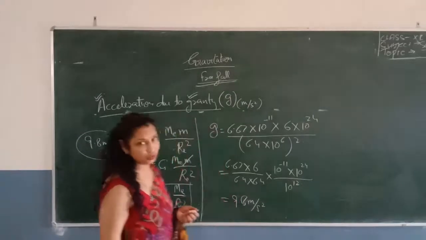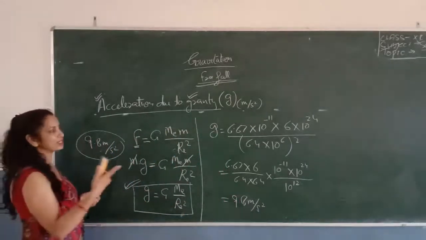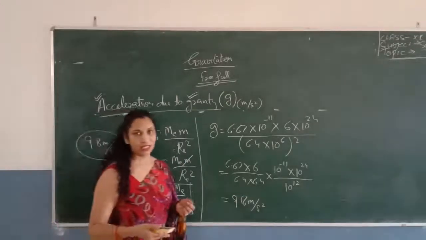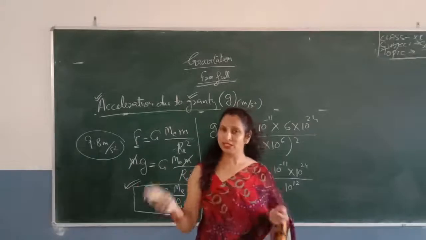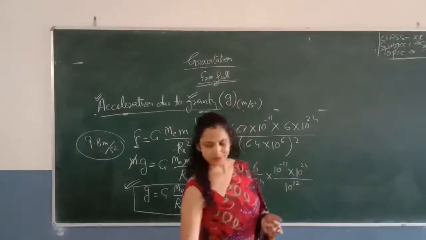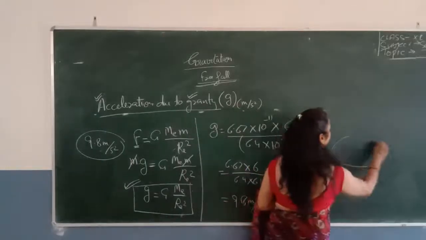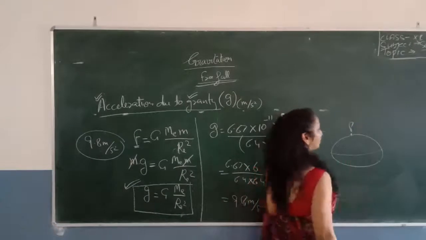Okay, before going to the numericals, I am going to explain on which factors this acceleration due to gravity depends. It means, is it equal everywhere on this earth? This is the earth, this is the pole and this is called the equatorial line.